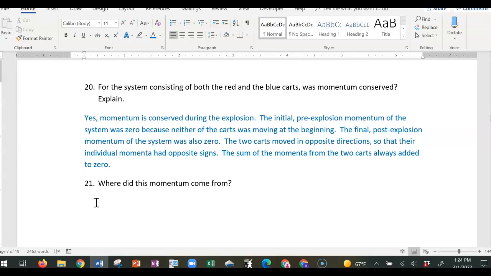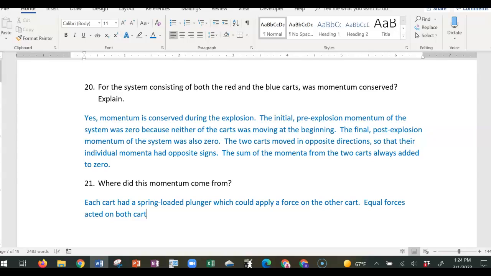Where did this momentum come from? Each cart had a spring-loaded plunger which could apply a force on the other cart. Equal forces acted on both carts for equal amounts of time.